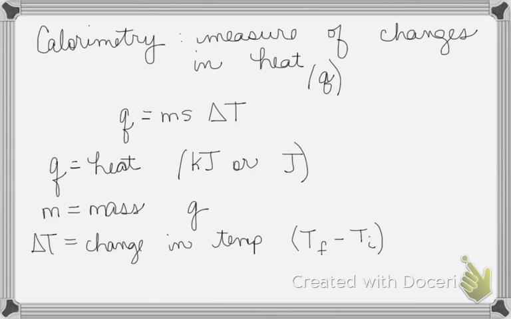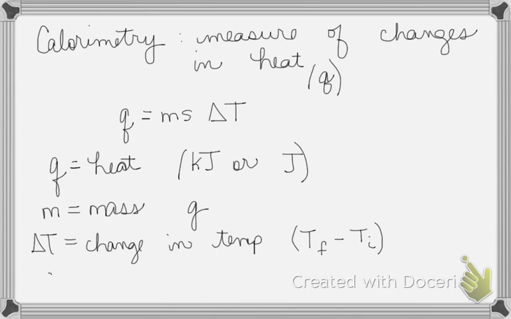Because if you start at 0 degrees Celsius and you go up to 20 degrees Celsius, then the final minus initial is 20 degrees Celsius, right? But if you start at 20 degrees Celsius and you go down to 0, so 0 is your final, then what would your delta T be? Negative 20 degrees Celsius. So that is going to completely change the sign for Q and whether you're talking about an endothermic or an exothermic process. Okay? So remember, it's got to be final minus initial.